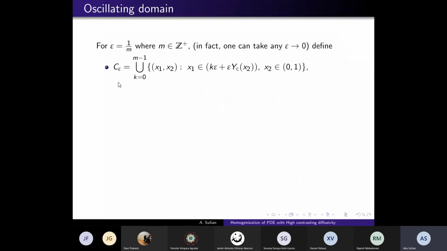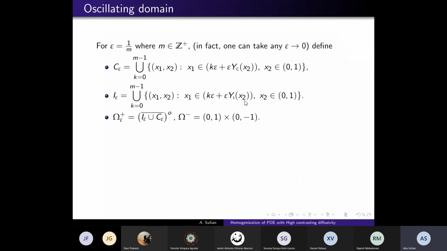That is, C epsilon is the collection, for k going from 0 to m minus 1, of x1 belonging to k epsilon plus epsilon Y_C,x2, and x2 lying between 0 and 1. Similarly, we have I epsilon, where x1 belongs to k epsilon plus epsilon Y_I,x2, and their union is denoted by omega epsilon plus, which is basically the oscillating part of the domain.